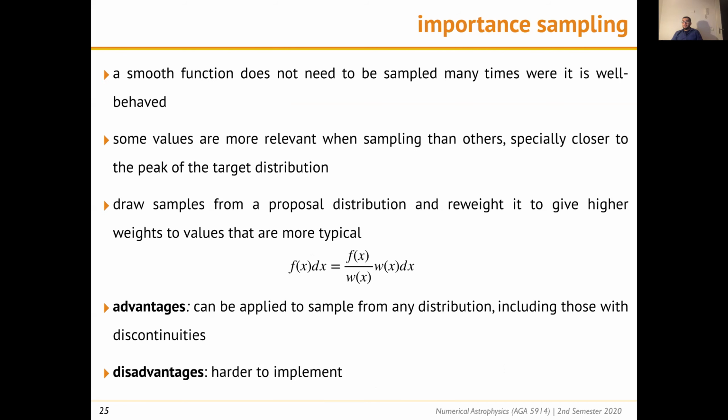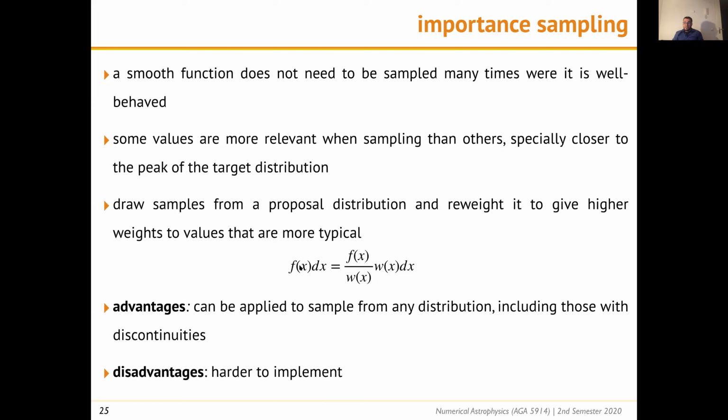We have importance sampling as well. Importance sampling is slightly more complicated, and it's particularly useful in cases in which your function is not that well behaved. The whole idea behind importance sampling is the following. Just look here. f of x dx is equal to f of x divided by w of x times w of x dx.